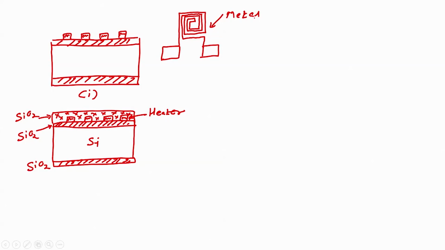and on this metal what we have? We have insulator everywhere. Now, if I ask you to tell me what is the resistance of this heater, can you measure the resistance? You cannot, because there is an insulating material on the micro heater.